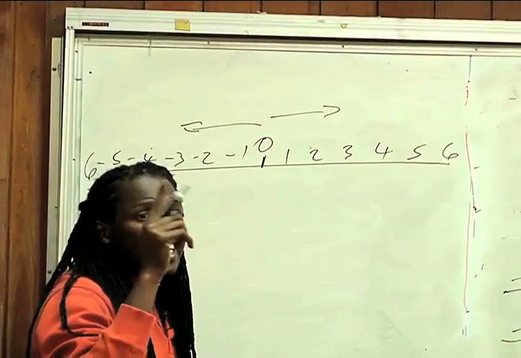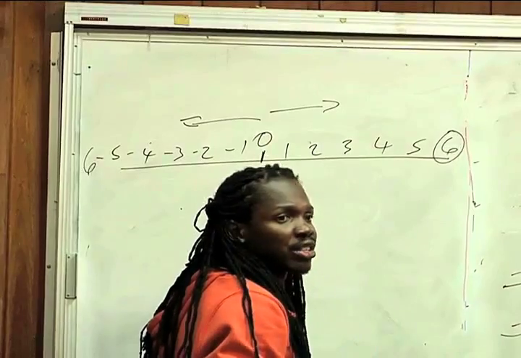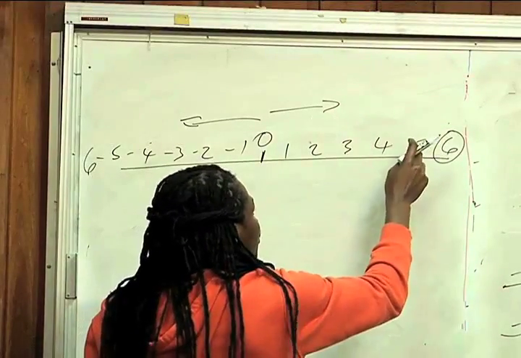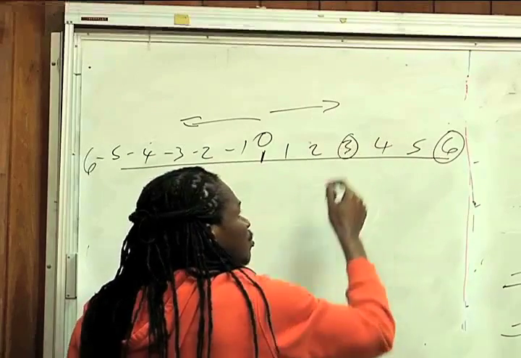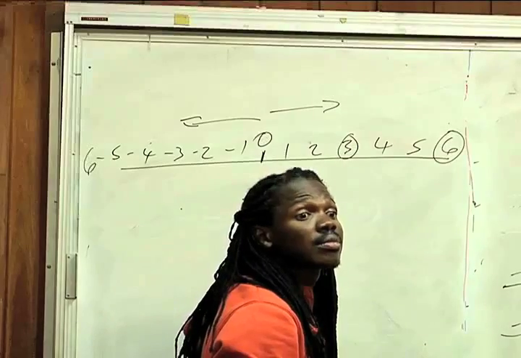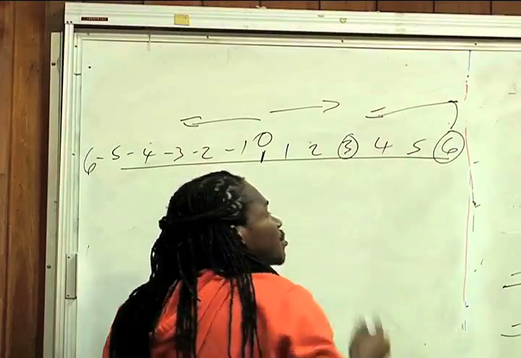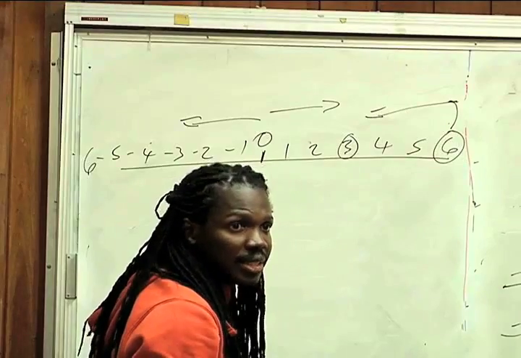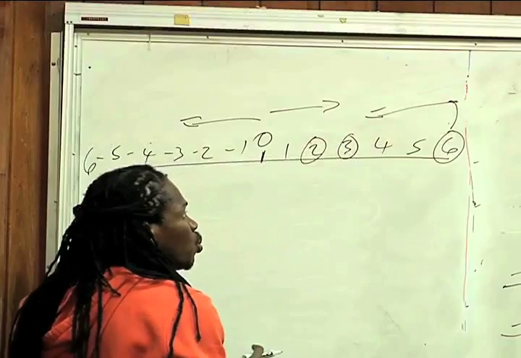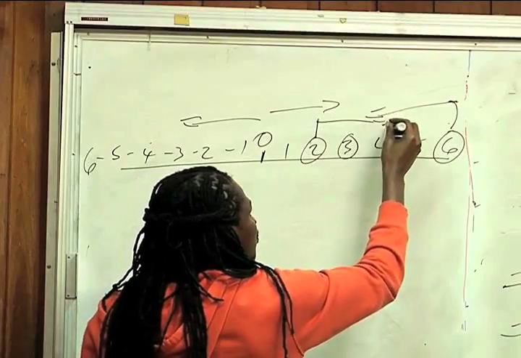So when it says 6 minus 3, you're going this way. 6 means positive, so positive 6 minus 3. Now suppose I say 2 plus 2: 2 that way, 1, 2.